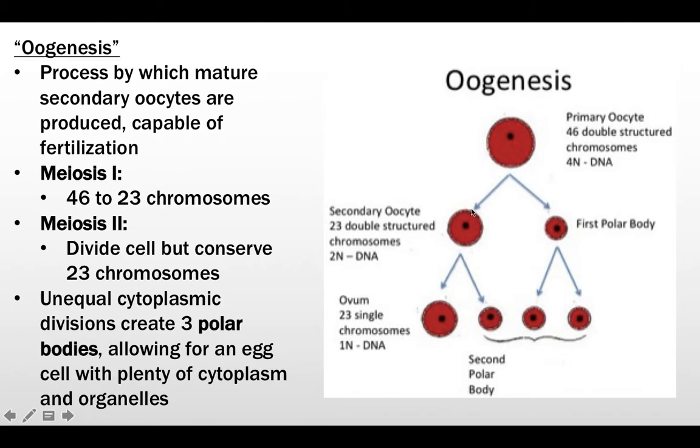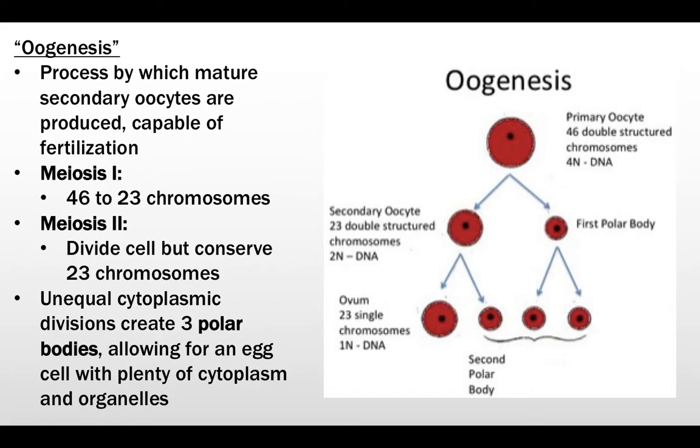Here, because of these unequal divisions, we have attempted to stockpile all the resources from that primary oocyte into one egg. Reproductively and evolutionarily, this makes a lot of sense. Women are capable of hosting probably one pregnancy a year if they have a successful pregnancy, and if it's not an exception of twins, they're looking at one offspring.